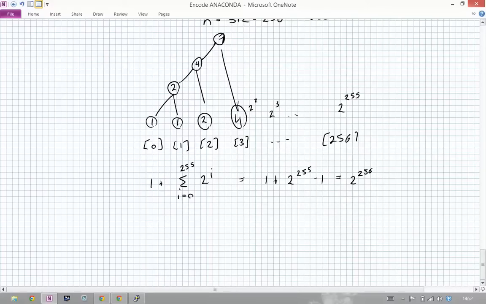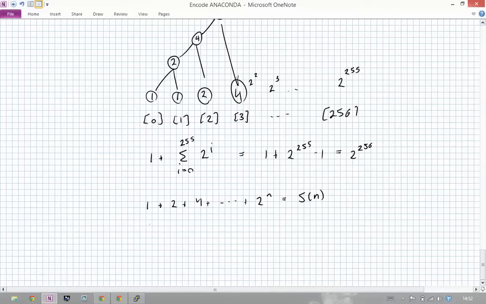2 to the 256. Let me just walk you through that identity. So if I want to sum up those guys, let's call that Sn, and this is something that you're probably familiar with. I can multiply this by 2.